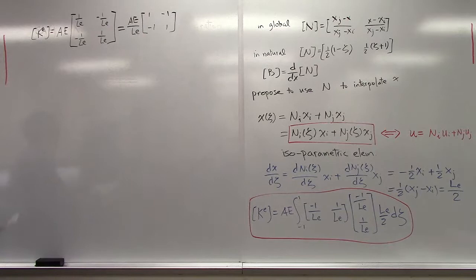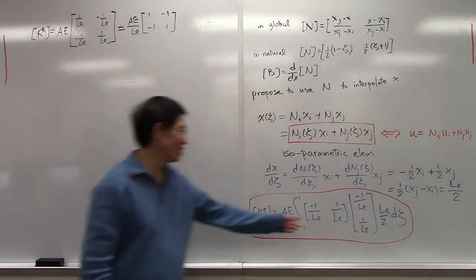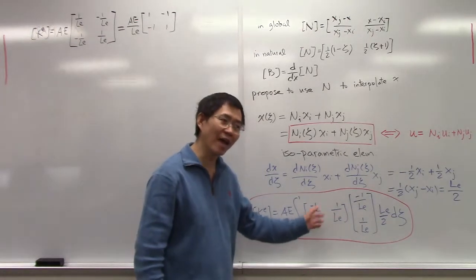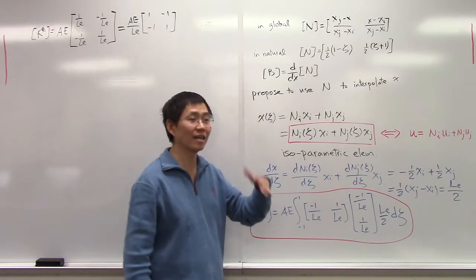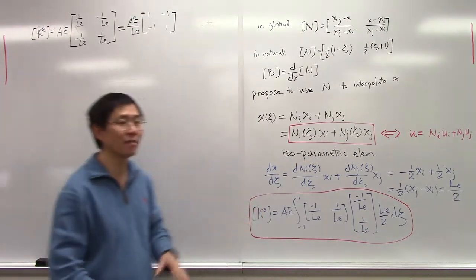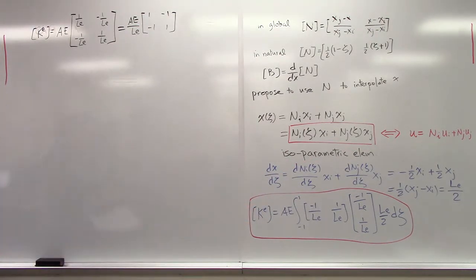Now, when it is 2D, and when it is also higher order element, you may not have such simple things. First, the integrand may be a real function of x or theta. It could be linear, quadratic, and cubic, depending on the order of element that you want to use. And it is also 2 by 2. In 3D case, is 3 by 3. Then what do you do?